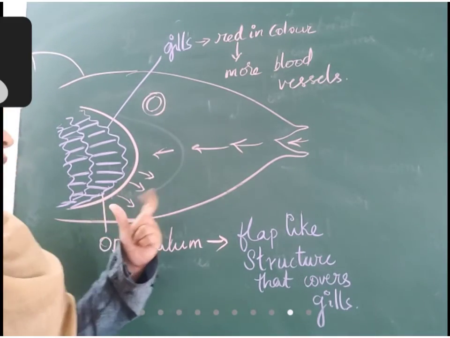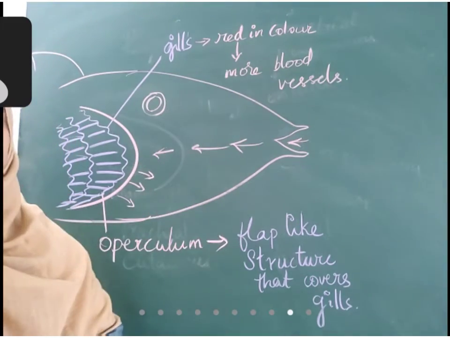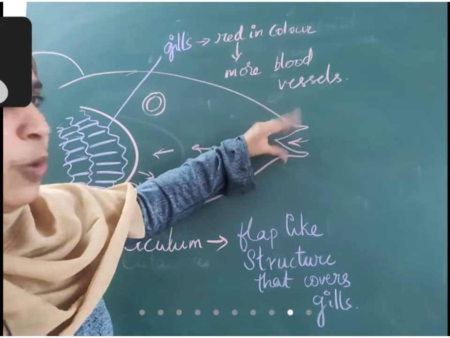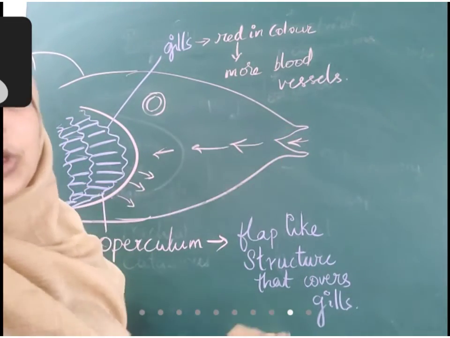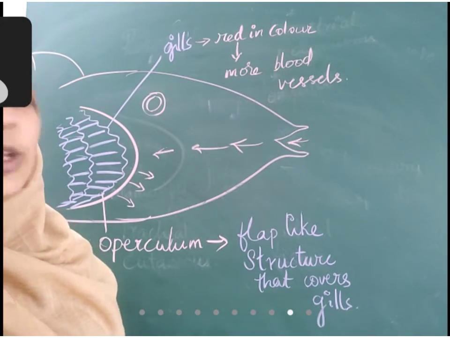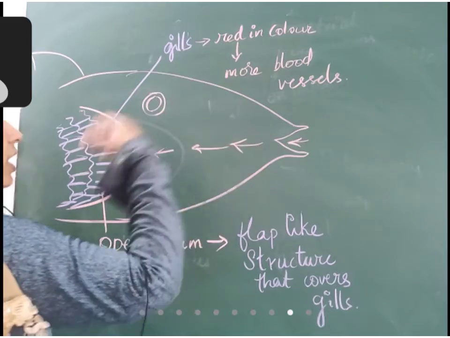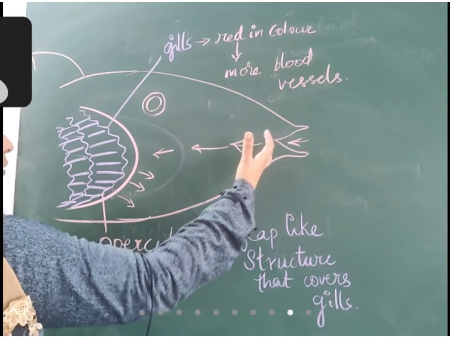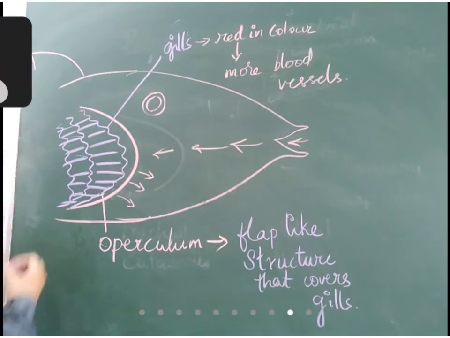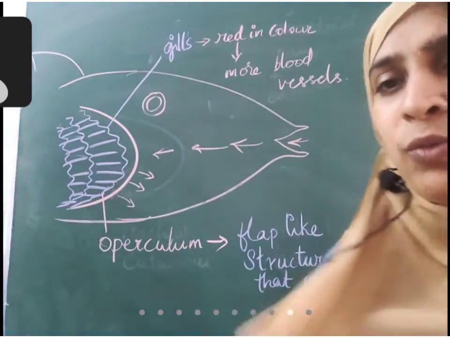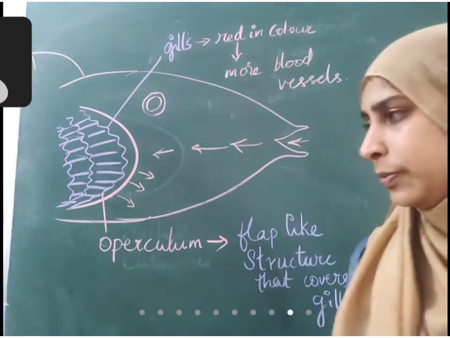It is coming out. So you might have seen sometimes you have some fishes in your aquarium also. They keep on opening and closing the mouth. Fishes have that nature. That is because they need to take water in small units so that exchange of gases occurs between its gills and water, right?